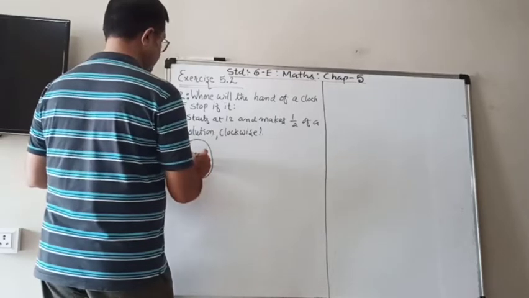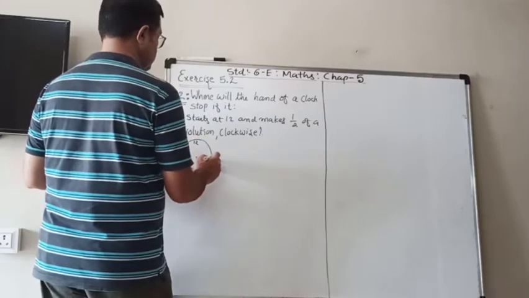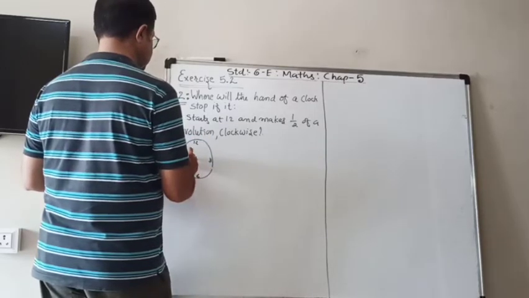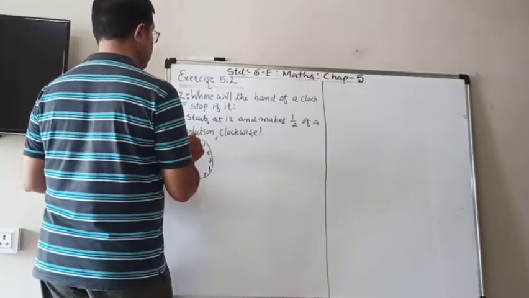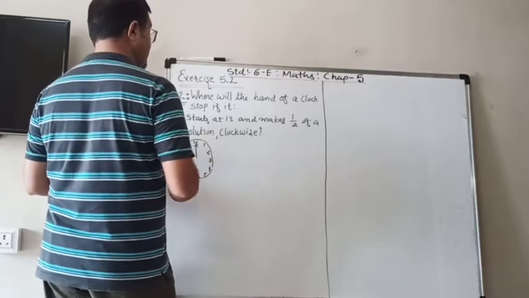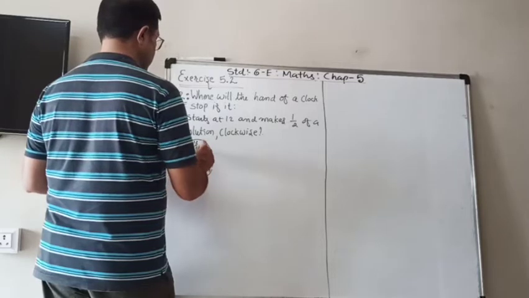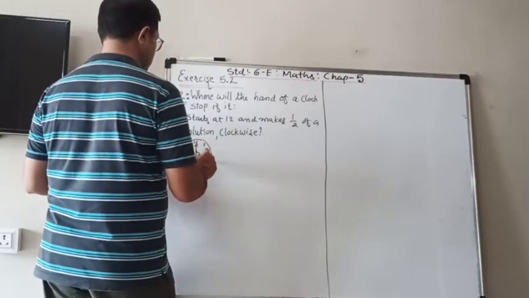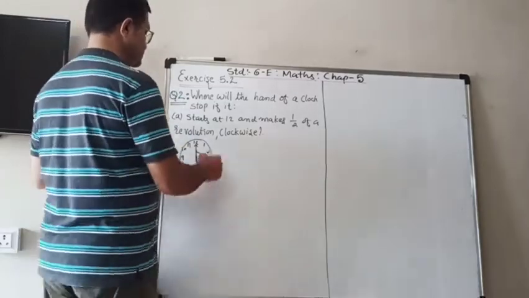we can show that here it is 12, 3, 6, 9, 1, 2, 4, 5, 7, 8, 10 and 11. Start at 12. Half a revolution means like that. So where will it stop? At 6.